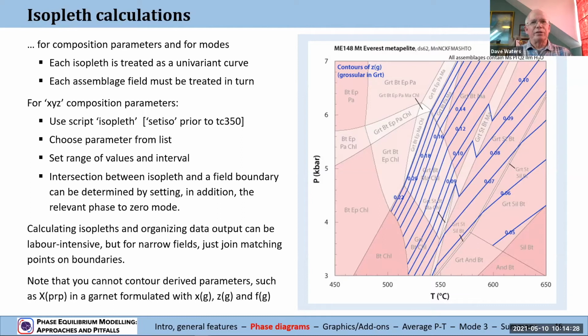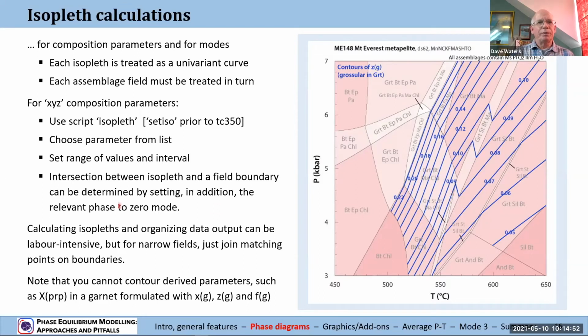Again, calculating isopleths and organizing the data output can be labor intensive, and you won't want to do it for tiny fields, but in practice for narrow fields, an example might be this one on the diagram here on the right, you can get what you want simply by joining up the matching points, the matching intersections on either side, and that will do for you.